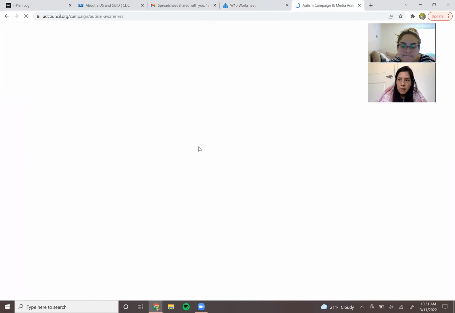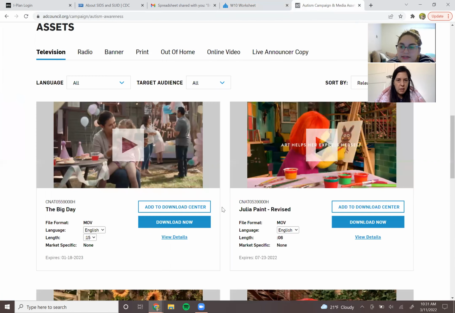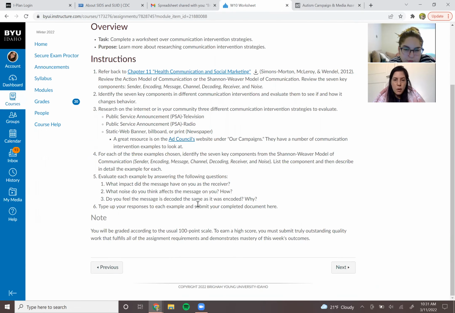You can click on other examples. Do you know if it has to be the same topic, or can it be different topics for each one? I don't know. It doesn't say anything about it. I think it might be different for everyone, because it says it is individual. Okay, but we can go ahead with the autism one.